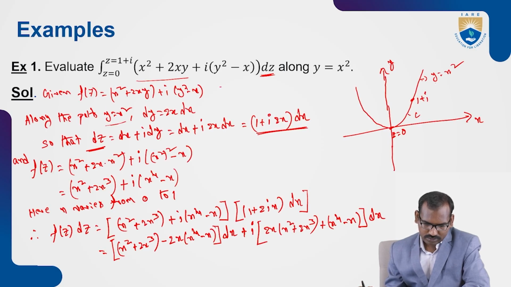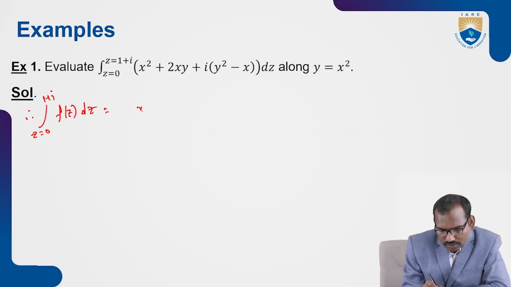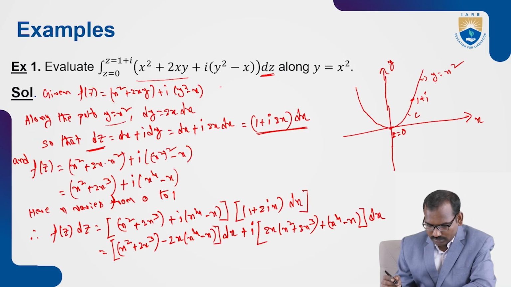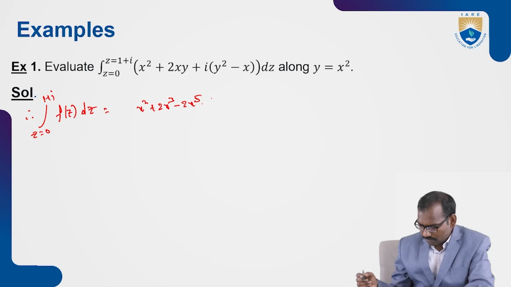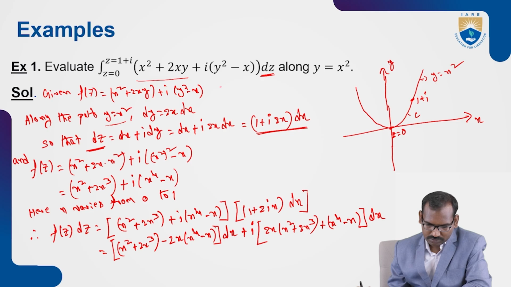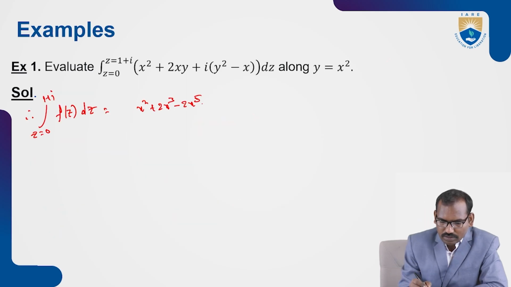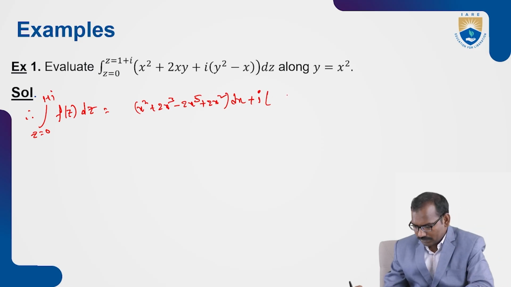It is x square plus 2x cube, and it is minus 2x to the power 5 over 5. So plus 2x square dx plus imaginary part.